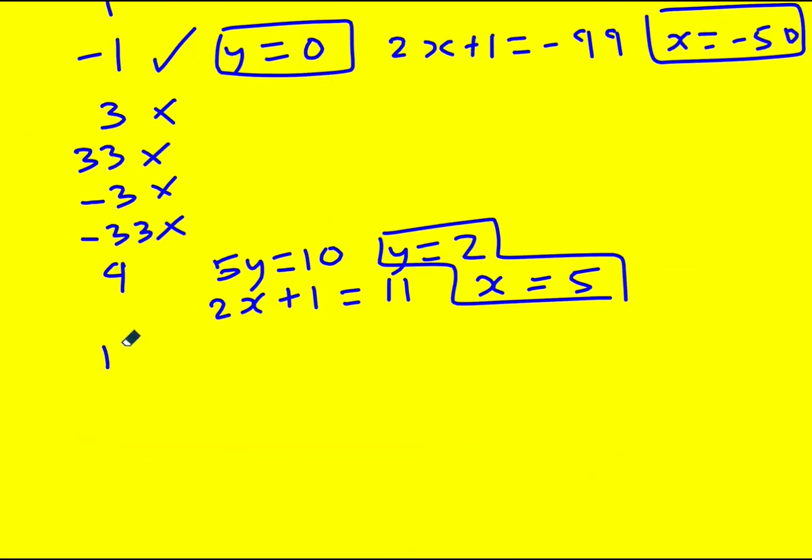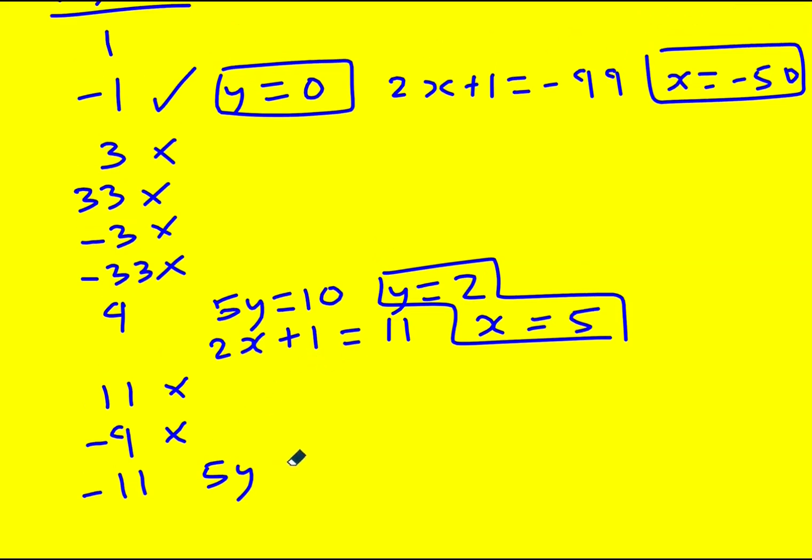Then 11 is not one less, so I can ignore that. Minus 9 is not one less than a multiple of 10. It's one more than a multiple of 10. Minus 11 should work. So then 5y minus 1 is equal to this.